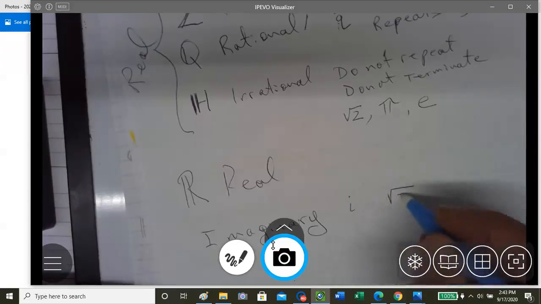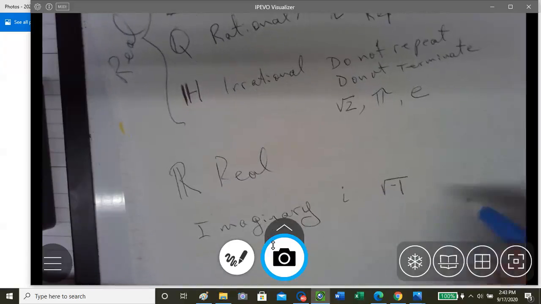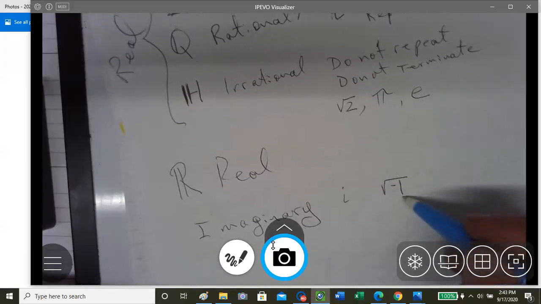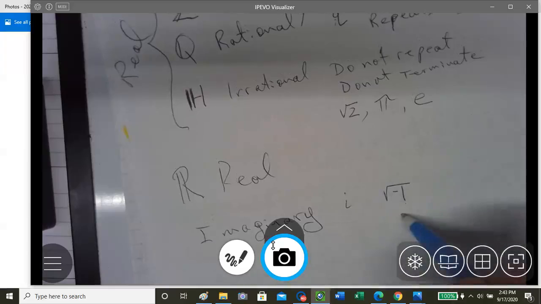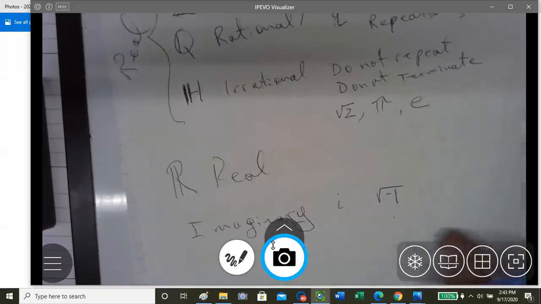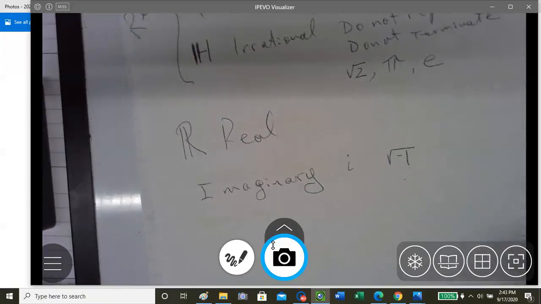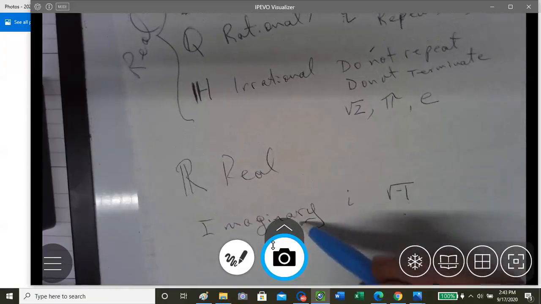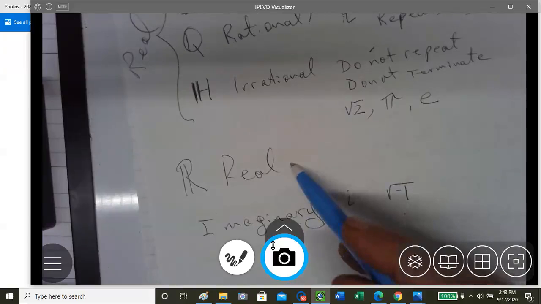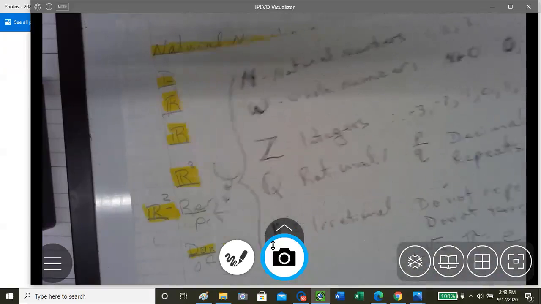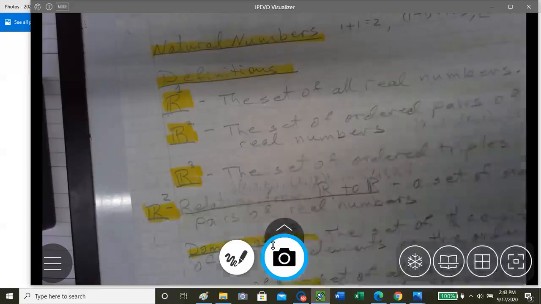That's basically a negative inside an even radical. So imaginary numbers are not part of the real number set. Imaginary is not real; everything else is considered real. Okay, so continuing on with that.